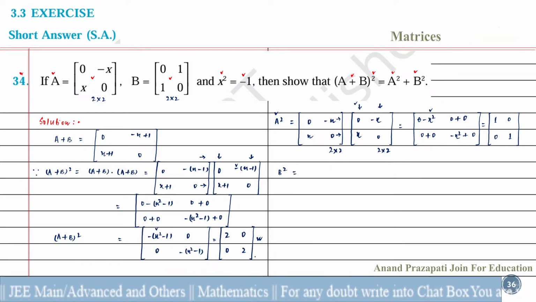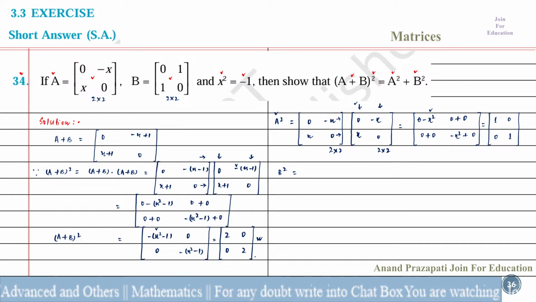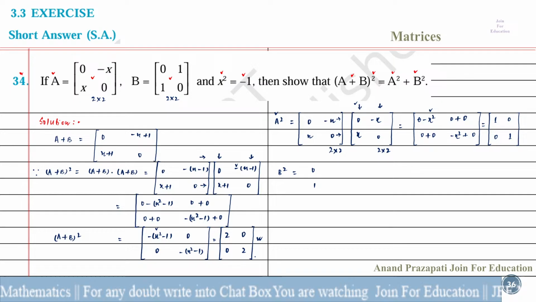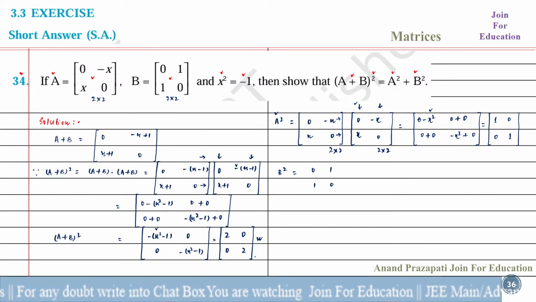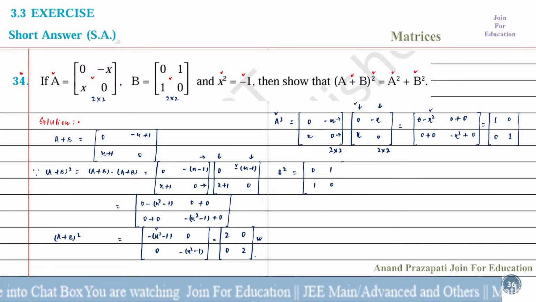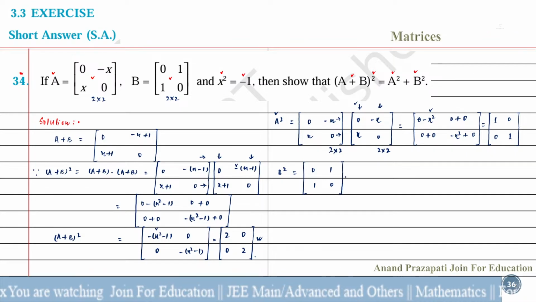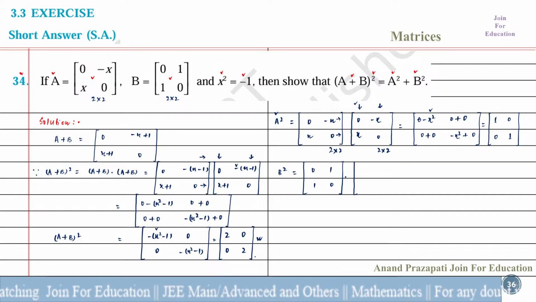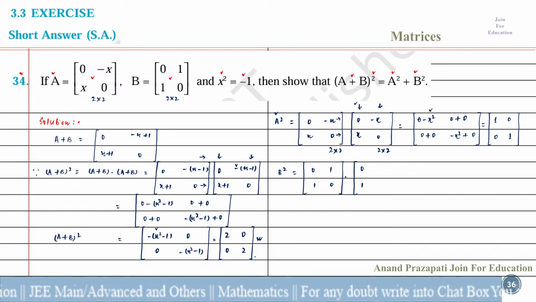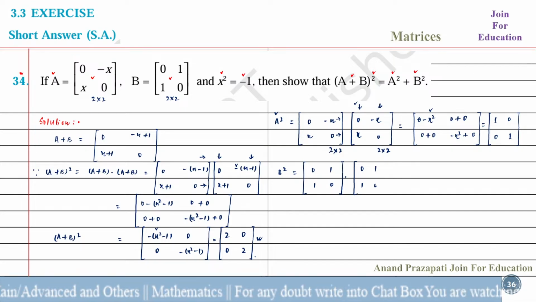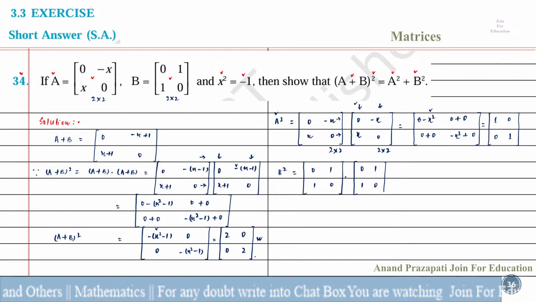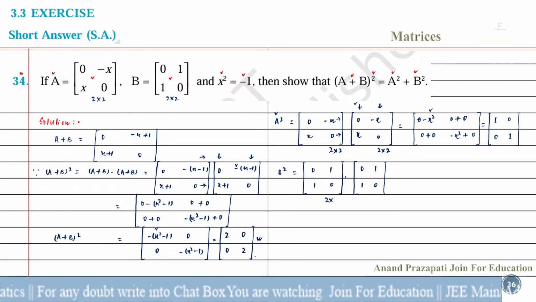Similarly, we find out b square. B square equal to, we write down here [0, 1; 1, 0] into [0, 1; 1, 0]. The order of this one is 2 by 2.